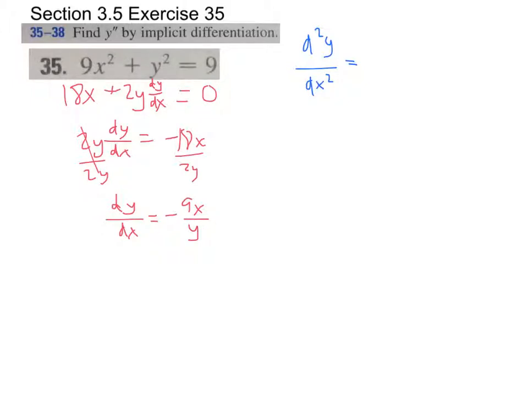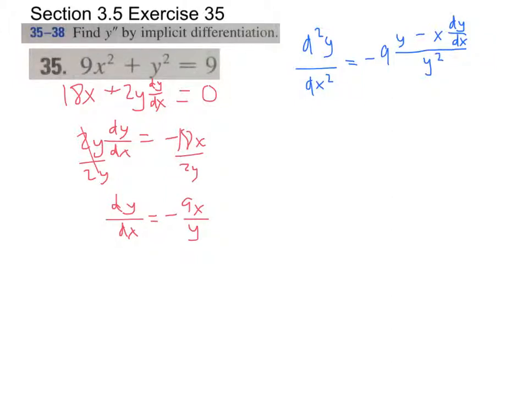So we're going to bring our constant out front, negative 9, and then use the quotient rule, which is the low function times the derivative of the high function, x, which is a 1, so y times 1 makes y, minus the high function times the derivative of the low function, dy/dx, and under the line low squared must go, so we take the lower function and we square it.